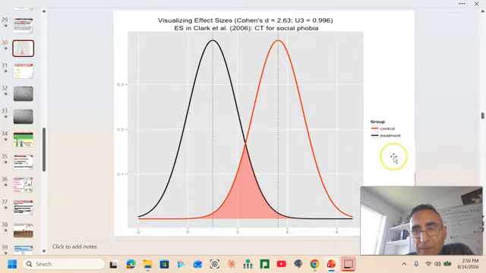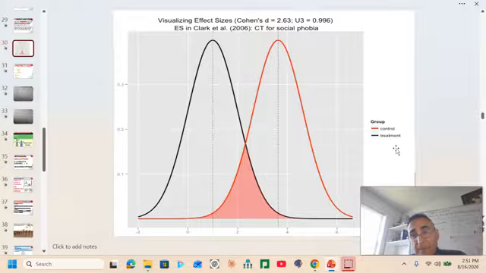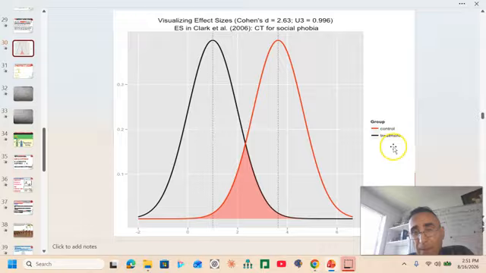Control gets the so-called placebo. If you're doing therapy, the control group gets a pep talk, but the treatment group gets real therapy, let's say cognitive behavioral therapy, CBT.